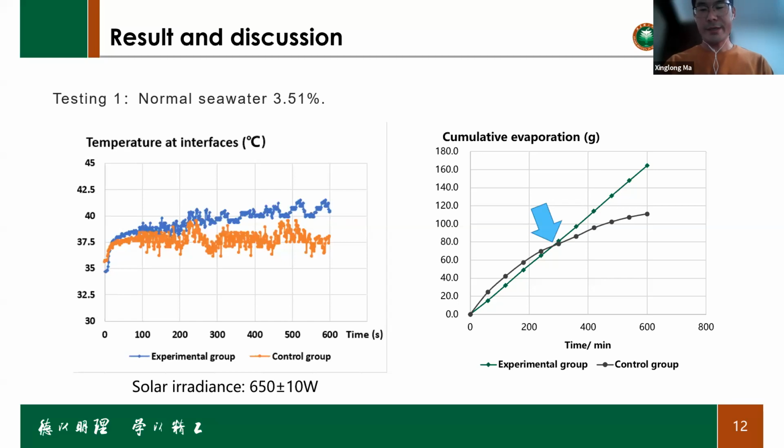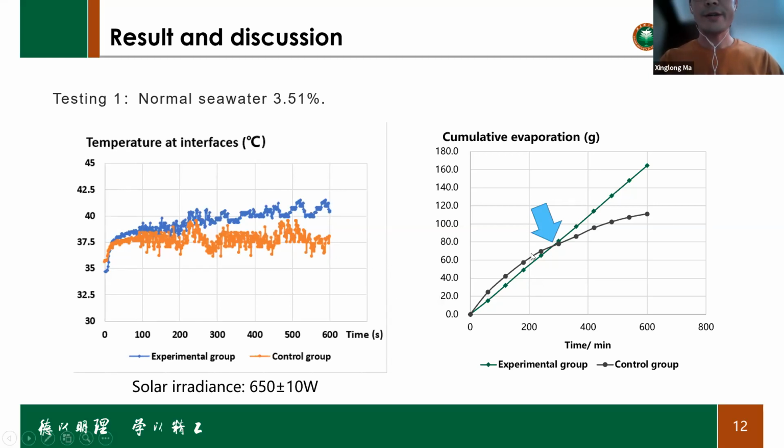As we can see, when heating time is about 150 minutes, the temperature obviously separates. When time goes to 300 minutes, this is the control group. The temperature of the control group is 2 degrees higher than the experimental group.